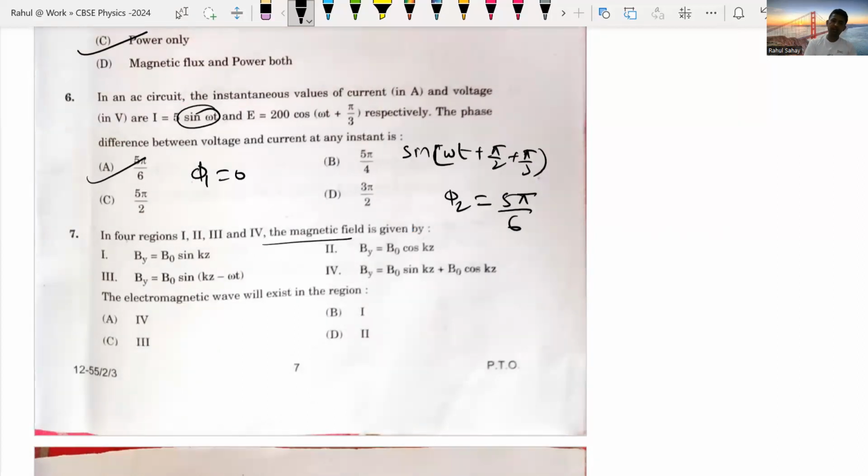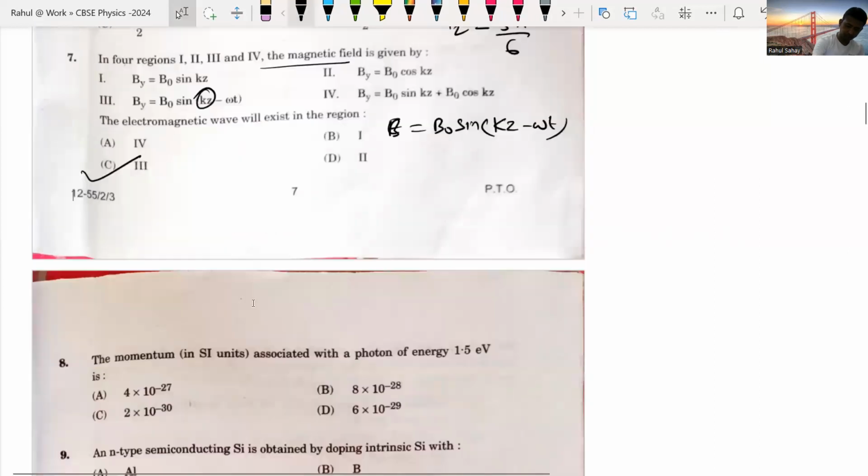In terms of electric field, E naught sine omega t minus kx, and B is B naught sine omega t minus kx, or kx minus omega t. So here the wave is going along the z axis. So this is the equation: B is equal to B naught sine kz minus omega t. So this is the third option.